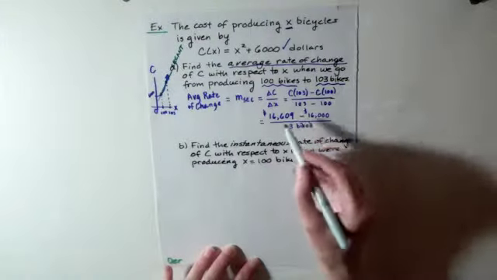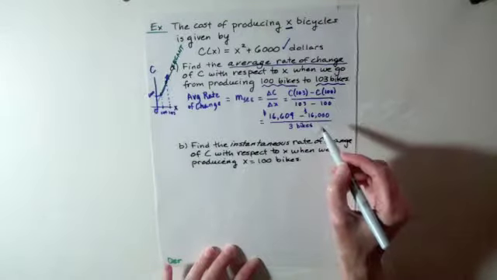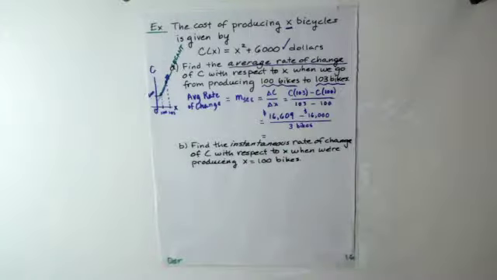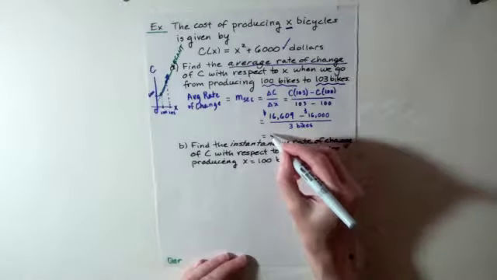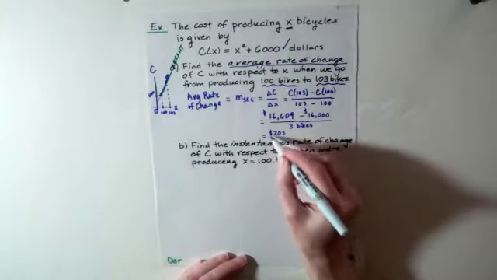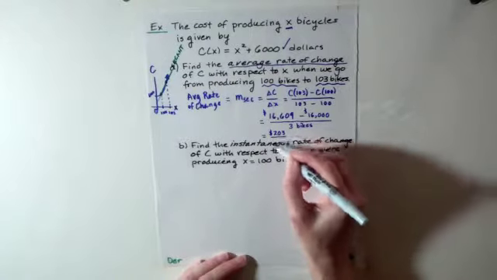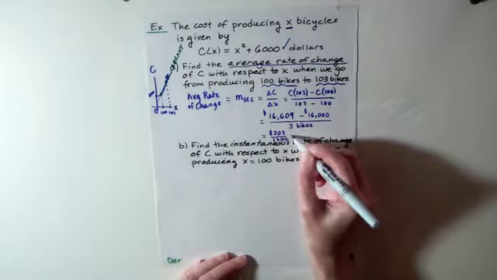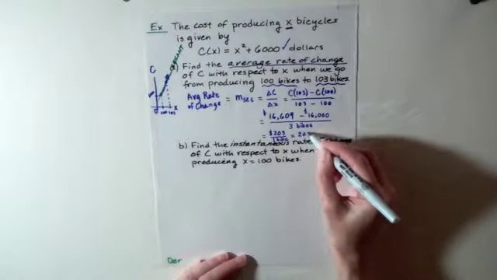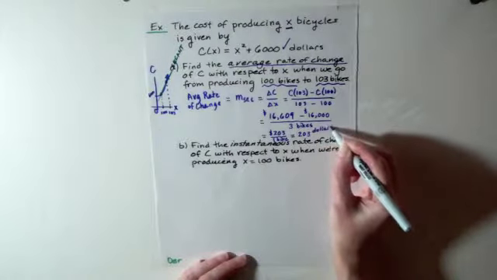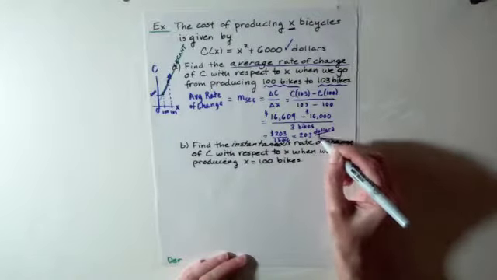And let's see, that's going to end up giving me 609 divided by 3. What is that? 609 divided by 3 would be $203, and that would be the number of dollars per one bike. Or another way of writing this would be $203 per bicycle.